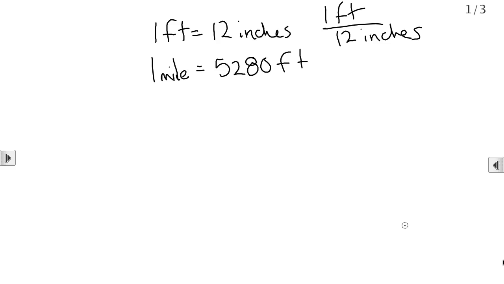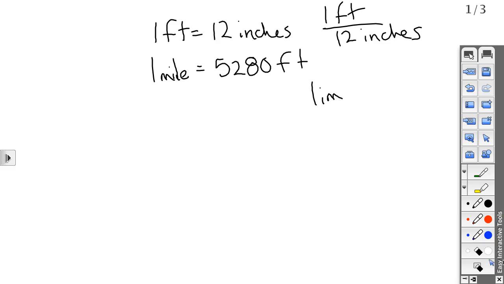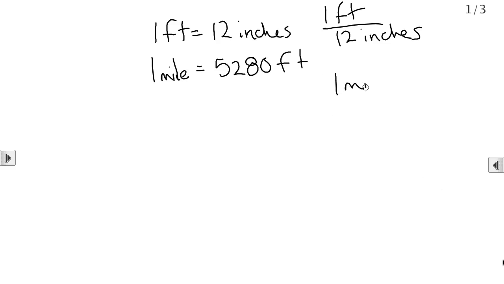Down here, I have 1 mile is 5,280 feet. And these things equal each other. So really, what does this fraction equal if I wanted to give it a numerical value? 1.